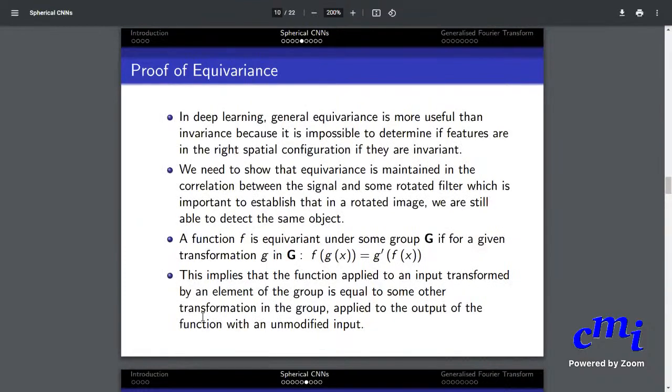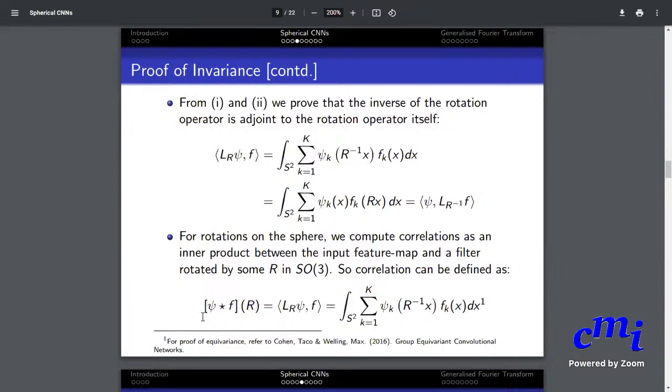Yes, please don't go ahead. I need a moment. Yes, ma'am. So you're saying for rotations on the sphere, we compute correlations as a product between the input feature map and the filter, which also is rotated. What do you mean by the input feature map? Oh, just the image.